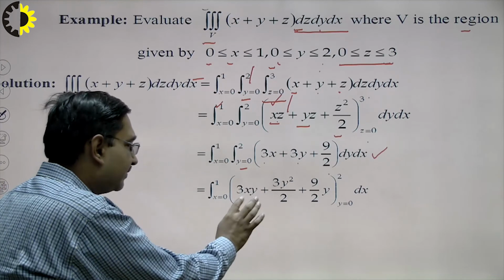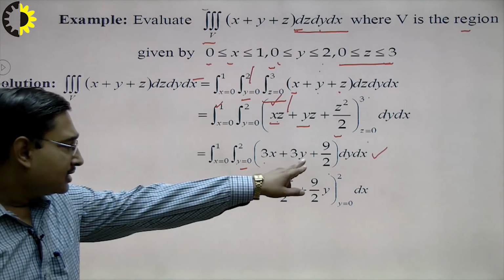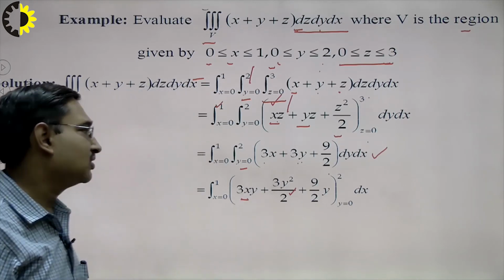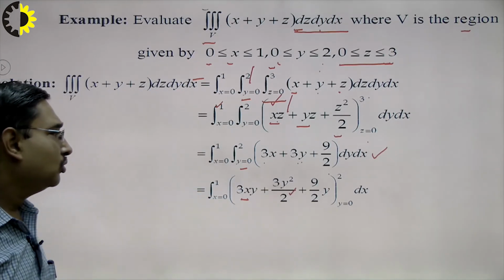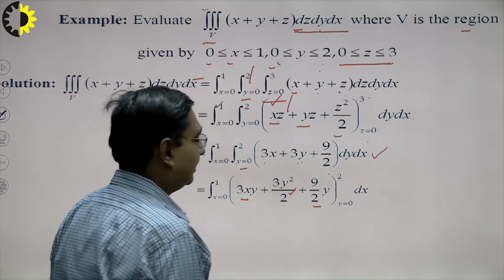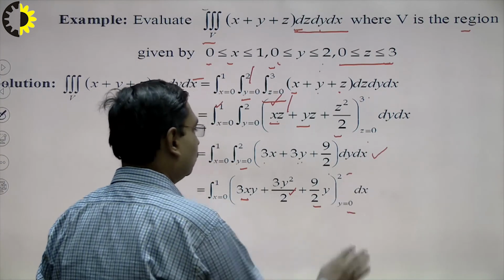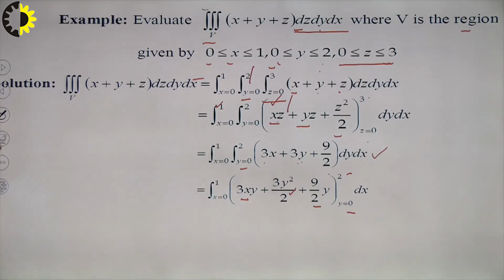This 3x gives 3xy, this 3y will give 3y square upon 2 because 3 is constant, and 9 by 2 when integrated will give 9 by 2 y. Limits of y are from 0 to 2. These limits will be applied.